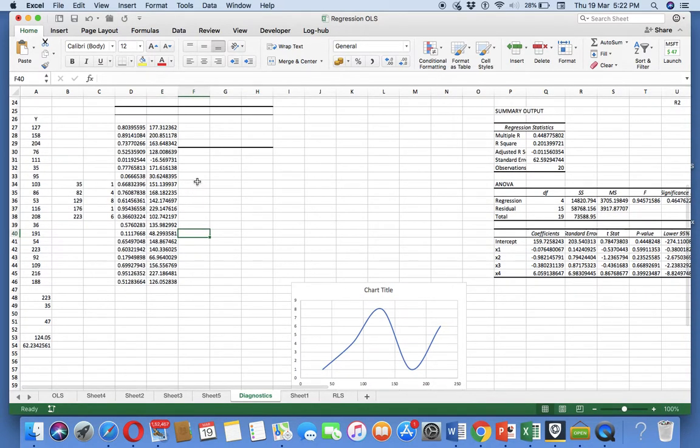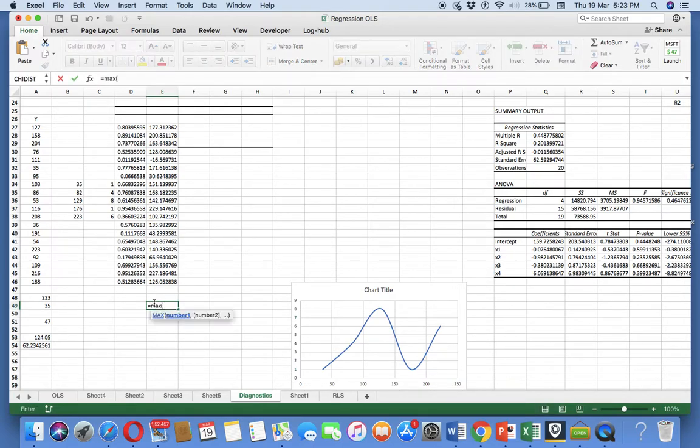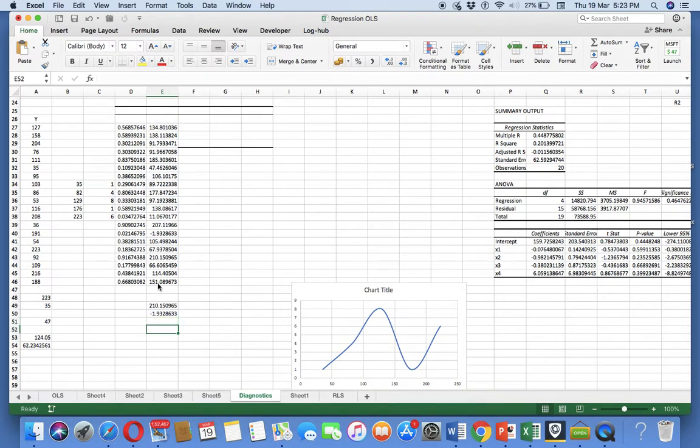So now I will create the maximum of this range. And I'm going to calculate the minimum also of this data set. I close the bracket, minimum, and then I get the class interval, which is, open a bracket, maximum minus minimum, close the bracket, and divide it into 4 class intervals.